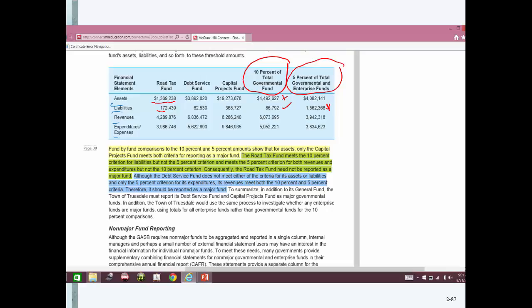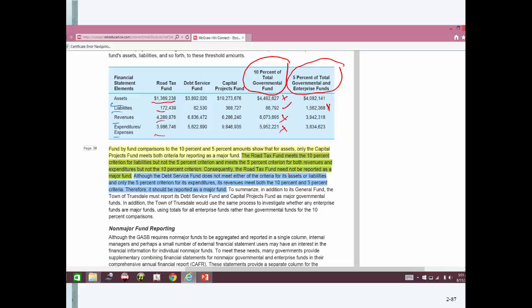We say, okay, let's try revenues. Does it meet the size test for revenues? No, it does not. $4 million, it's too small, isn't it? Okay, it's got one shot left. Expenditures. Does it meet it for expenditures? 3 versus 5. No, it doesn't.